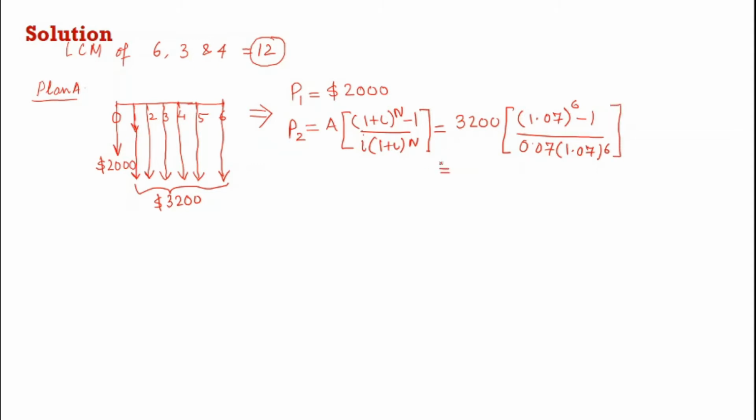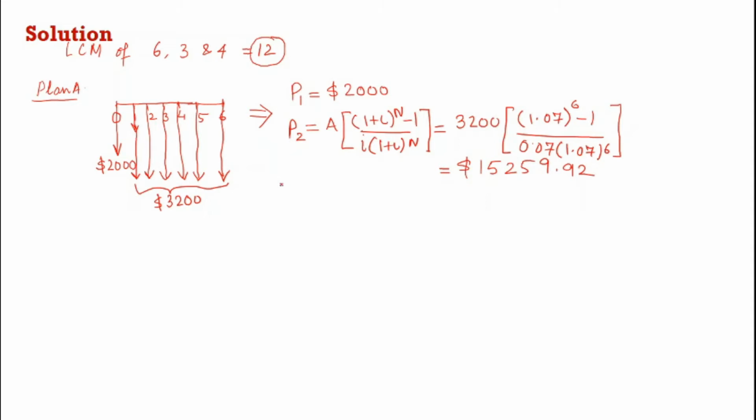So if I find out the value of this, it comes out to be $15,259.92. Fine. So this is the value of P2.